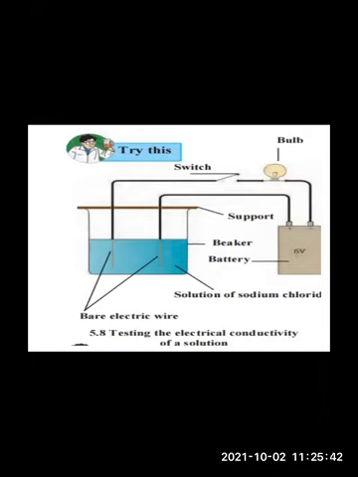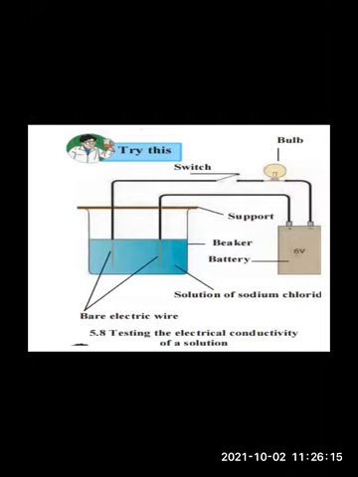Now you can see on the screen. What is shown? You are using bare electric wire, bulb, battery, and a support. In the beaker you have to take a solution of sodium chloride. So what you have to do is prepare the sodium chloride solution. How are you going to prepare it? By adding 1 gram of sodium chloride, that is your salt, in 50 ml of water. And then we have to take 2 electrical wires as shown in the diagram.